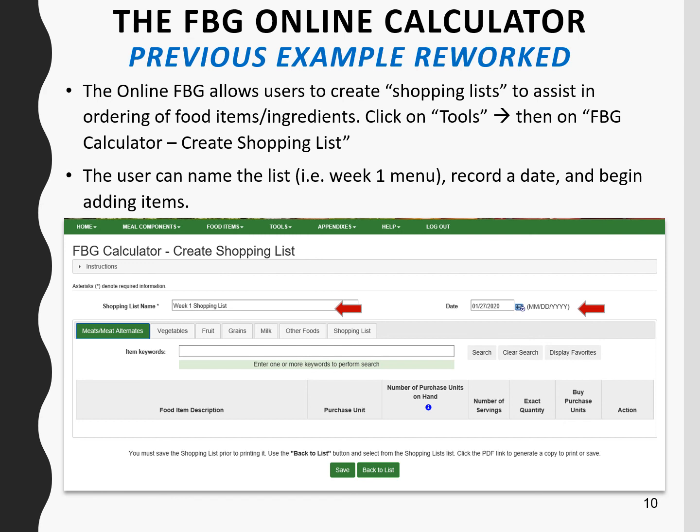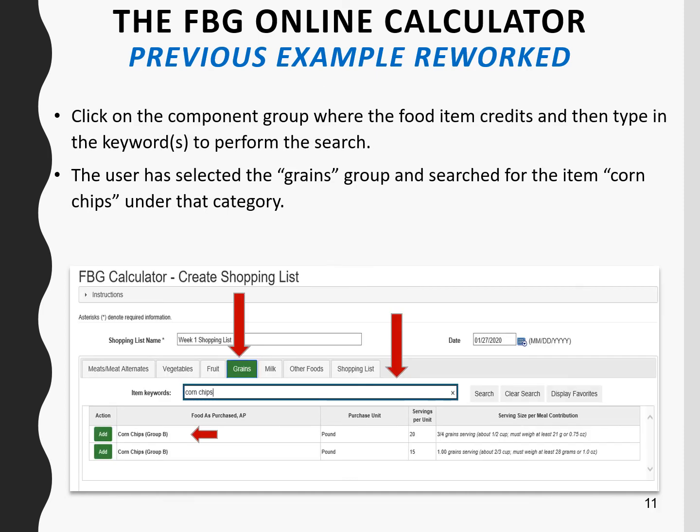You may consider naming your shopping list per the week of the menu that you're offering. Click on the component group where the food item credits and then type in the keywords to perform the search. The user has selected the grains group and searched for the item corn chips under that category.